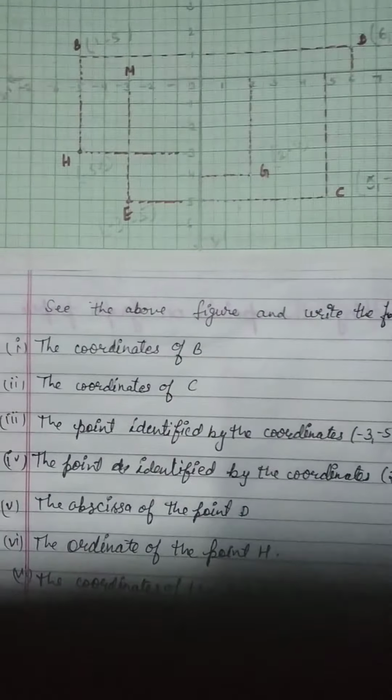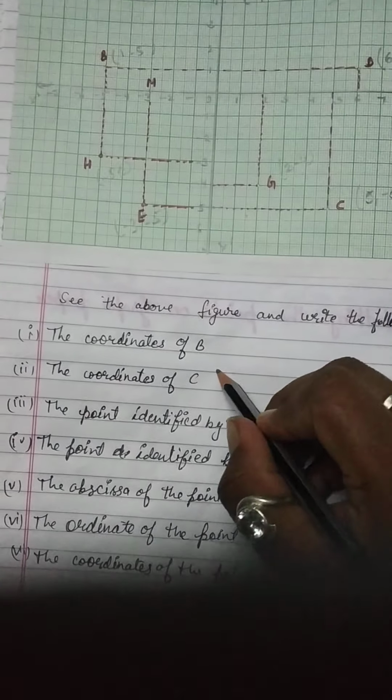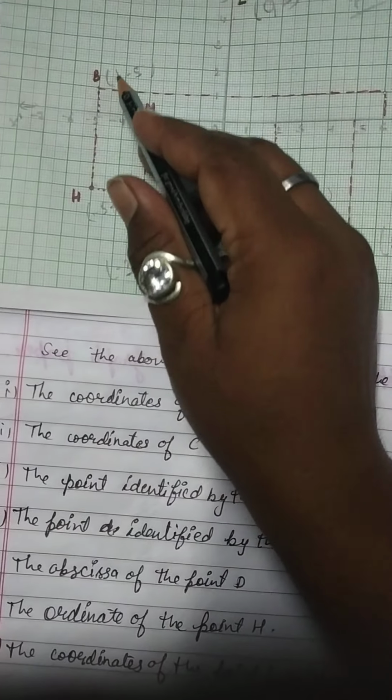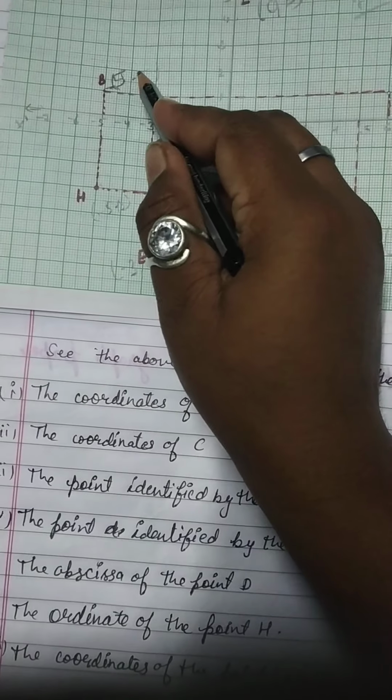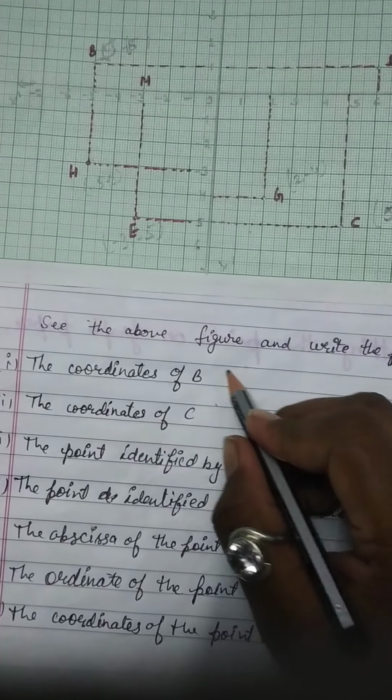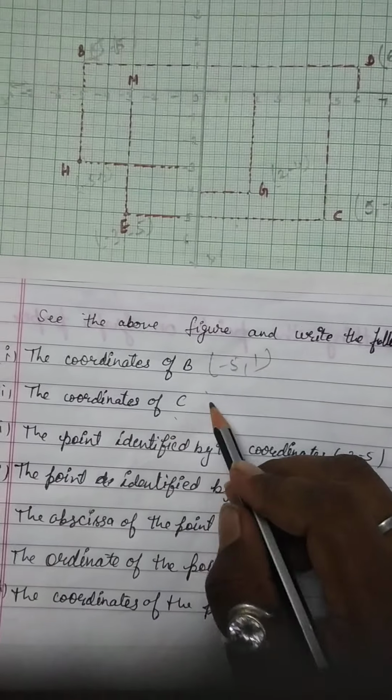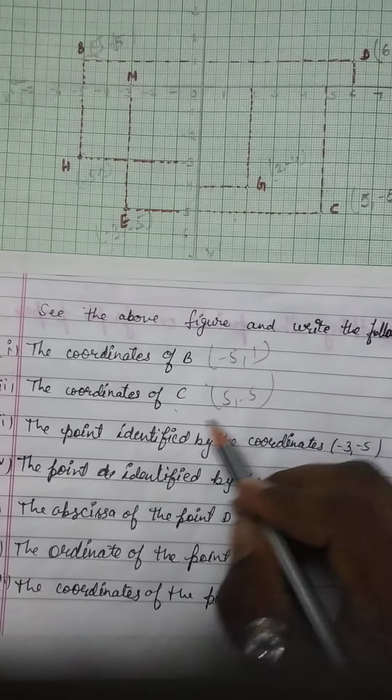Now the coordinate of B: this is −5 and 1, so the coordinate of B is (−5, 1). The coordinate of C is (5, −5).